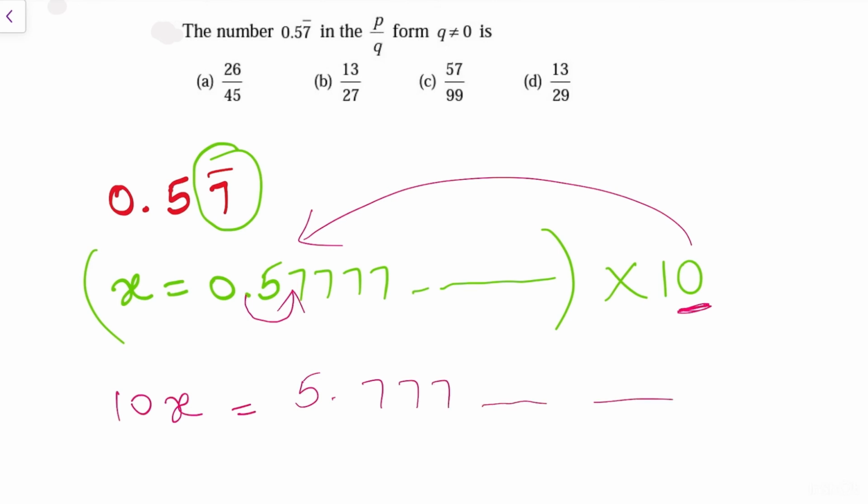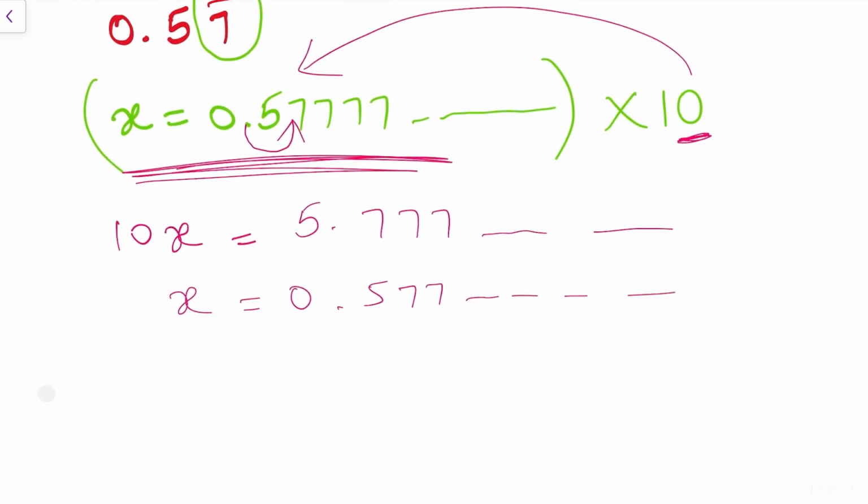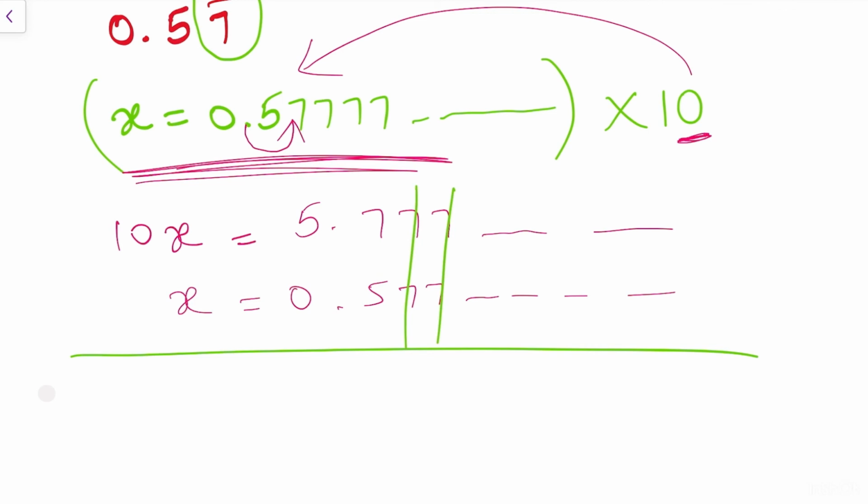This is the equation we got after simplification. Now, whatever the given question is, write that as the first equation, that is x equals 0.5777 and so on. That is the exact equation before multiplying with 10. Let us do the subtraction. 7 minus 7 is 0, 7 minus 7 is 0, then 7 minus 5 is 2, dot, 5 minus 0 is 5. This equals 10x minus x, that is 9x.